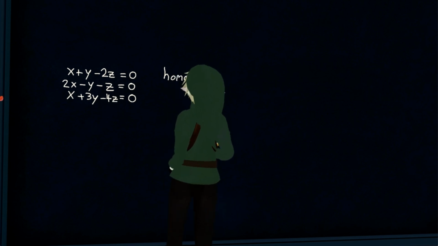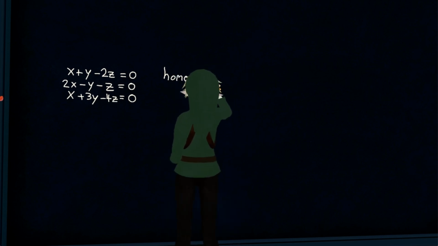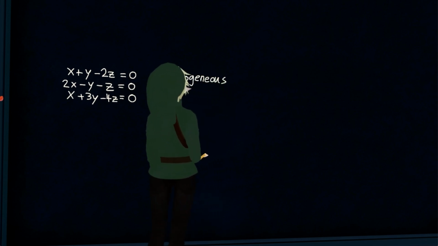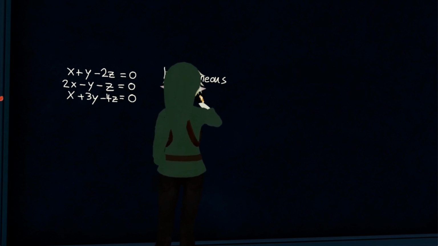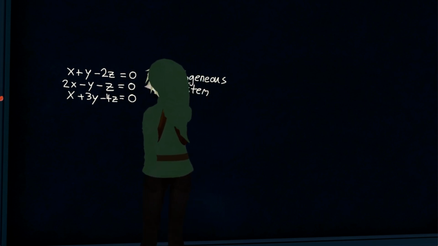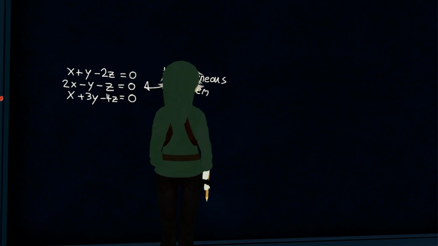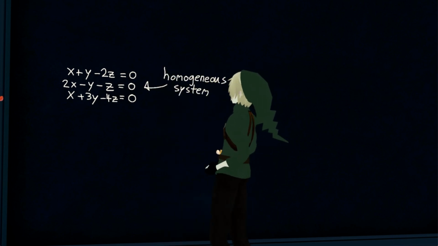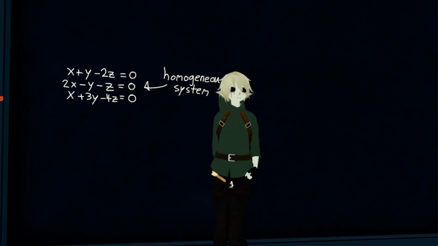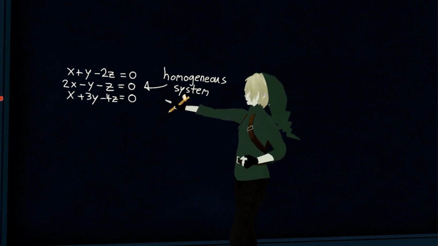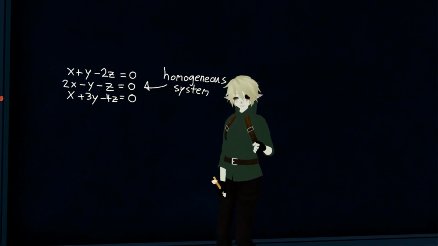I don't know if I spelled that correctly, but this is a homogeneous system. Oh my god, I sound like differential equations people when I say that. This is a homogeneous system of equations.